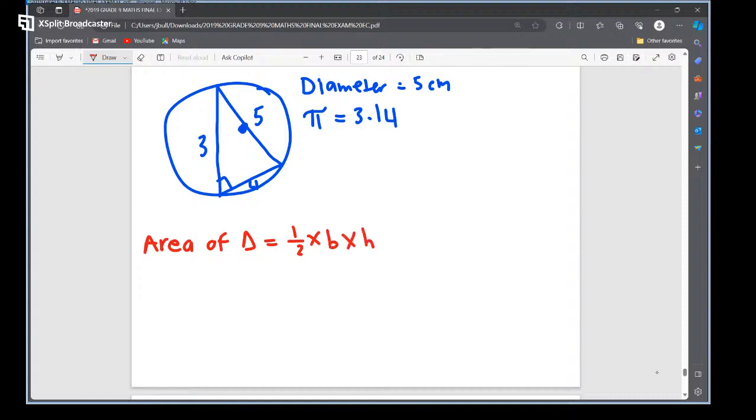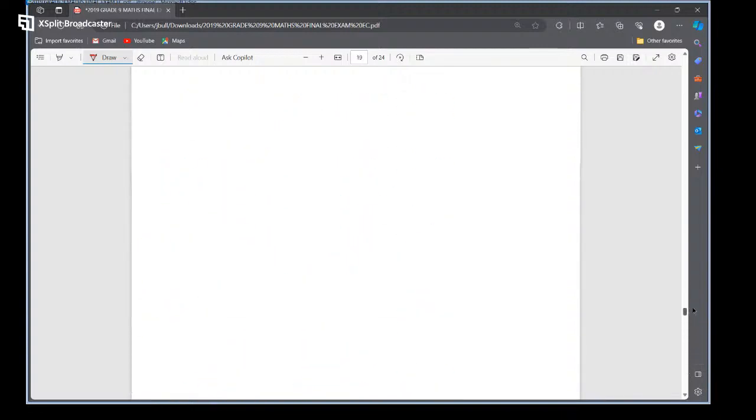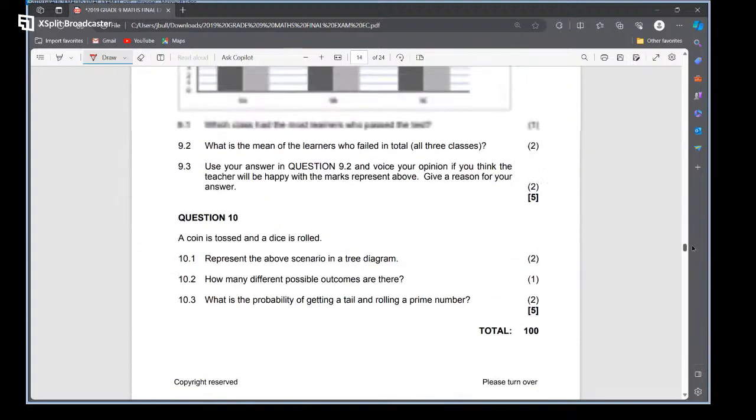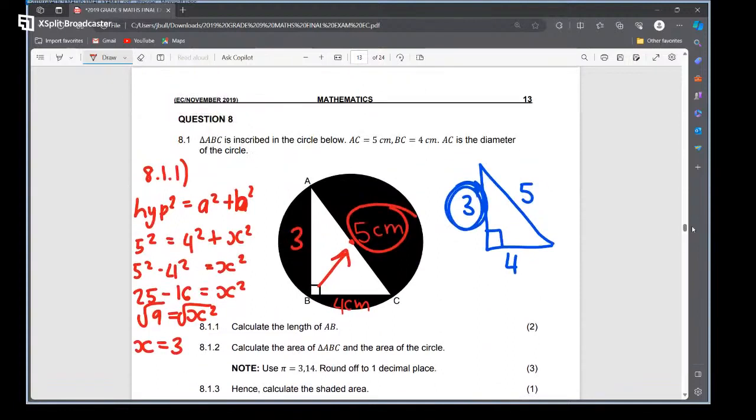The base and the height, we want the perpendicular height, so we want what is attached to that perpendicular angle. If we just go back to it, because my drawing's really not great, we can see our height and our base, they're the two things that are connected to that perpendicular angle here, the 90 degree. So we've got 3 and 4.